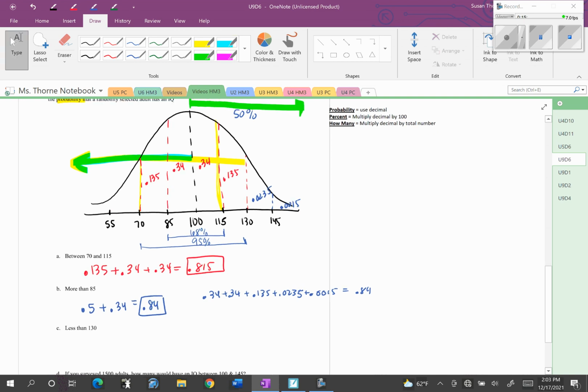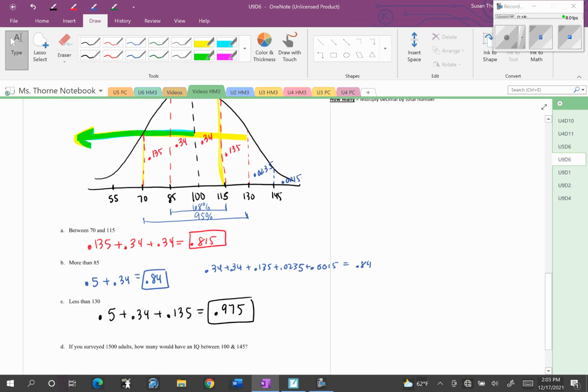So we're going to take that 0.5 and then add 0.34 plus 0.135. When we do, we get 0.975. So 97.5% would be our solution for the probability that a randomly selected adult has an IQ less than 130.